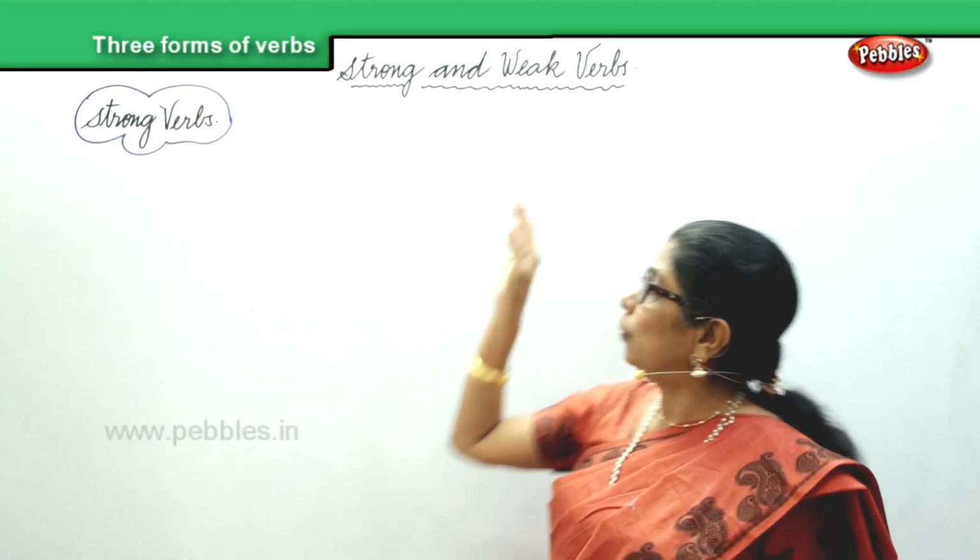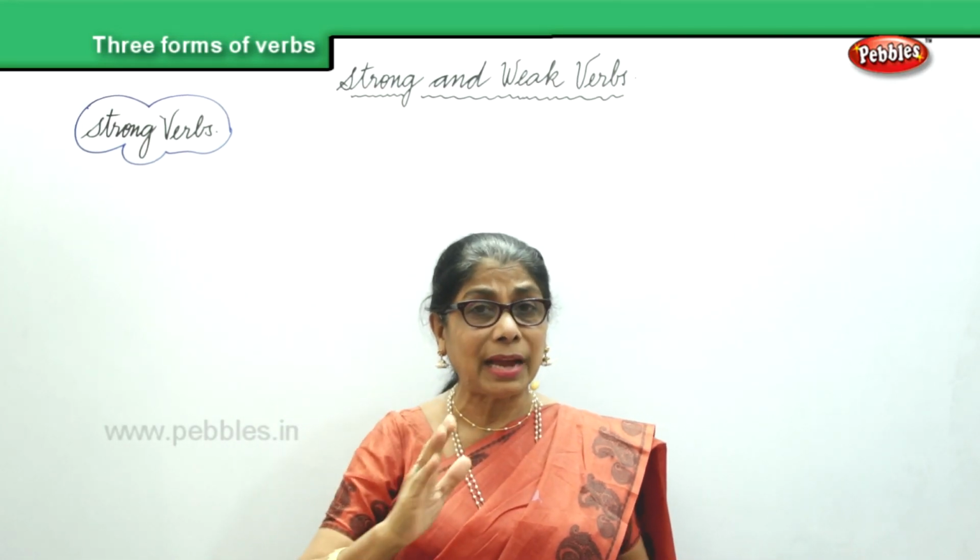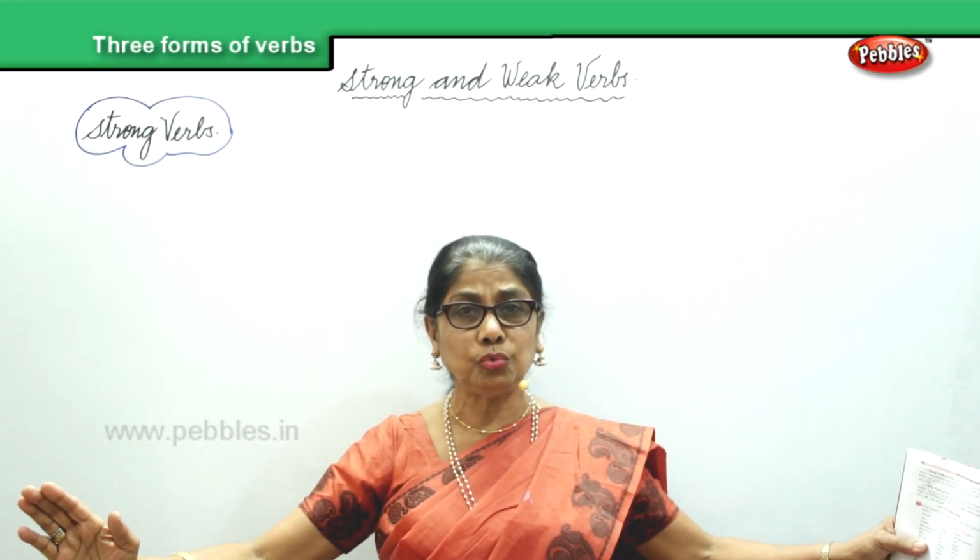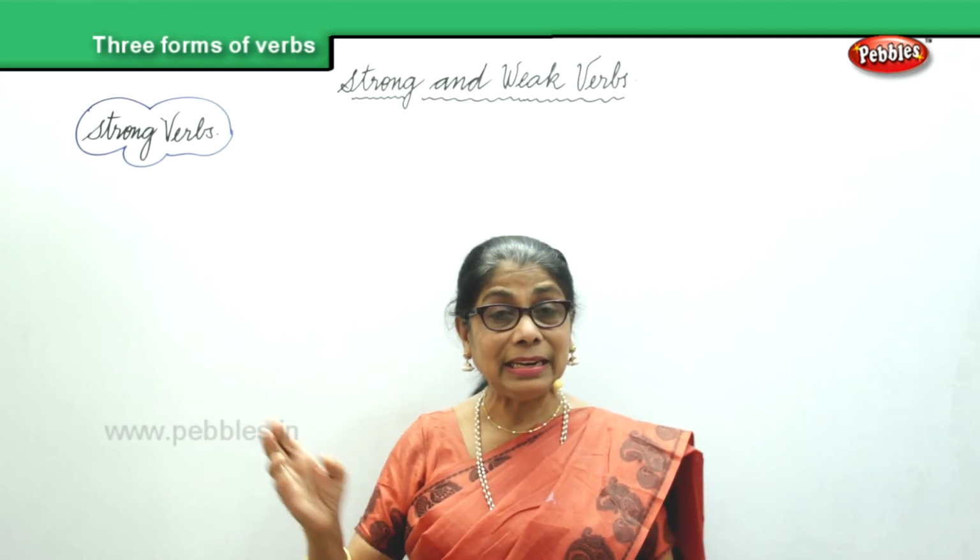Strong and weak verbs. Verbs are divided into two classes, strong and weak. We are going to look in detail at strong verbs and then their usage in sentences for us to understand the strong verbs.